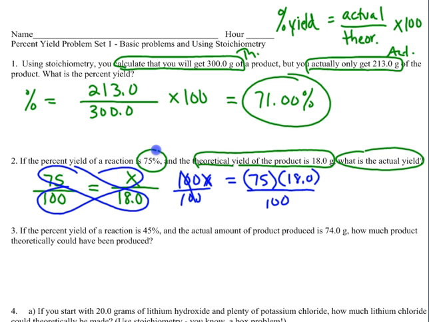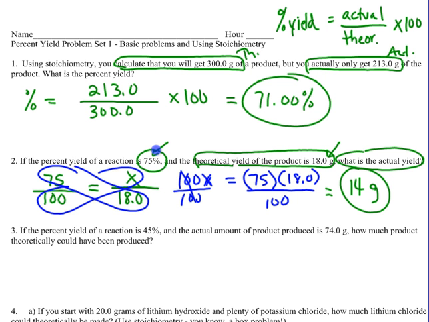In your calculator, it is 75 times 18 divided by 100, and because 75% has two significant figures and 18.0 has three, we need to round our final answer to only two sig figs. And so your answer should round to 14 grams.